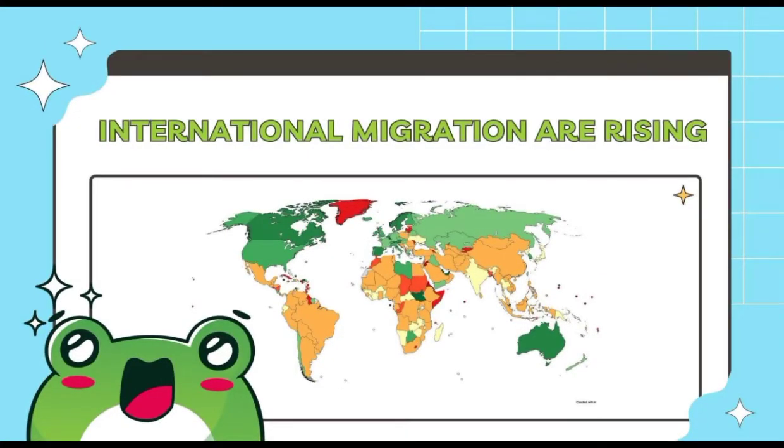International migration is rising. International migration is a global phenomenon that is growing in scope, complexity, and impact. Migration is both a cause and effect of broader development processes and an intrinsic feature of our ever-globalizing world.